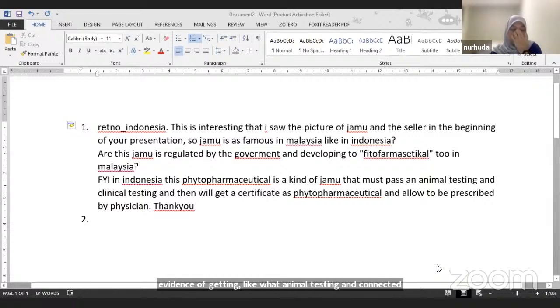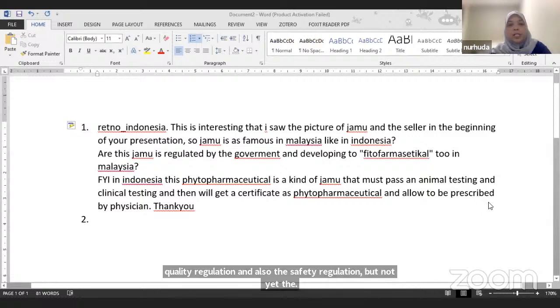We are not yet there, but we have regulation for quality and safety of the products. It needs to pass the quality regulation and also the safety regulation, but not yet efficacy. As long as it's safe, then it is fine.